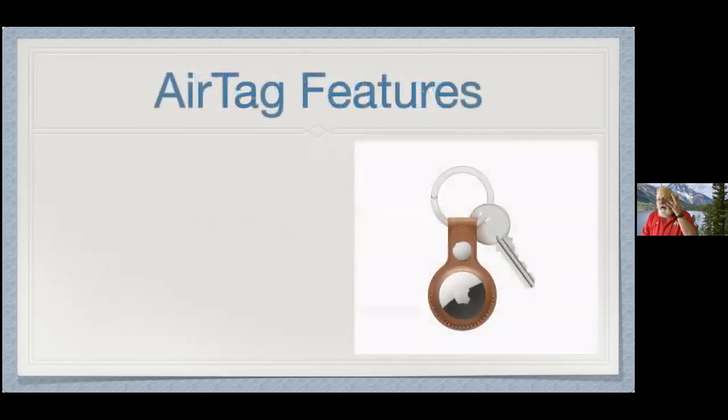AirTags. Now this is a picture of an AirTag in a keychain type device. And that little device has a snap on it that's very secure, because you will not get it on just trying to slip it into the ring that's around it. I tried that until I thought, oh, wait, this is a snap.